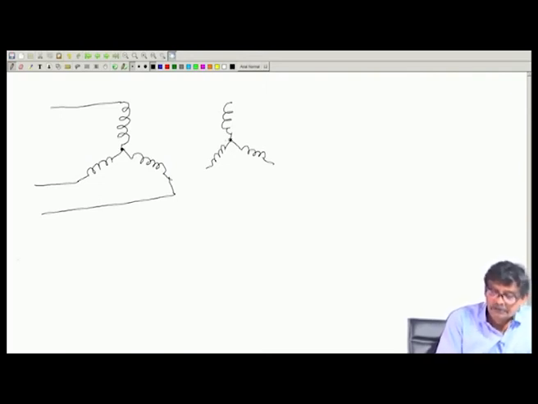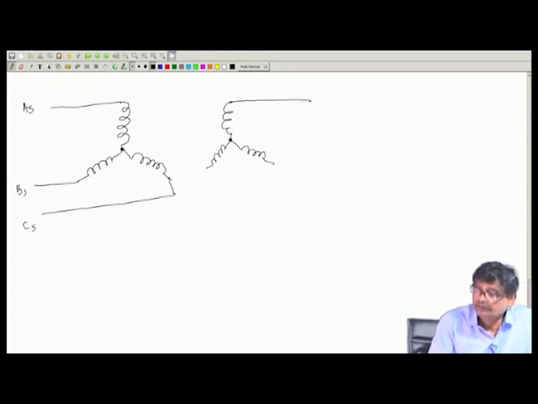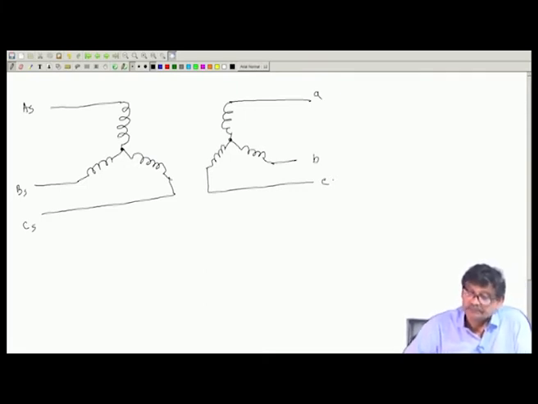It is not a member of NS, supply neutral. So, this is your AS, suppose BS, CS, and here is your load terminal A, B, C say. Or better you call this B, this C.